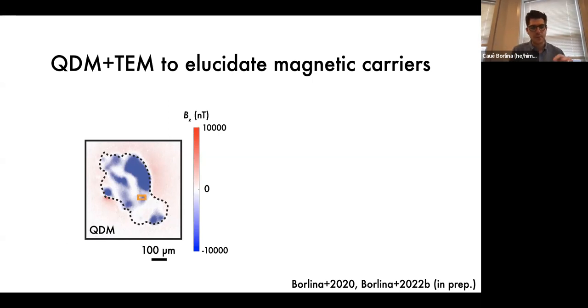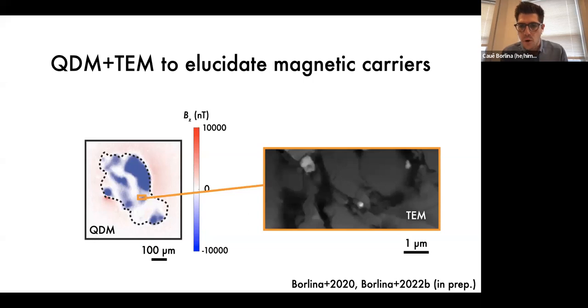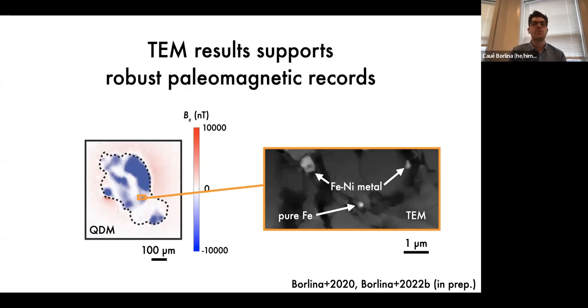So we targeted that one magnetic region with TEM. And what we observe is the presence of iron nickel metal and sometimes even pure iron in, once again, the composition and size that are ideal for paleomagnetic targets. So this seems to support that we have robust paleomagnetic records coming from our CAIs. I just want to add a disclaimer very quickly: these are initial results from our TEM.